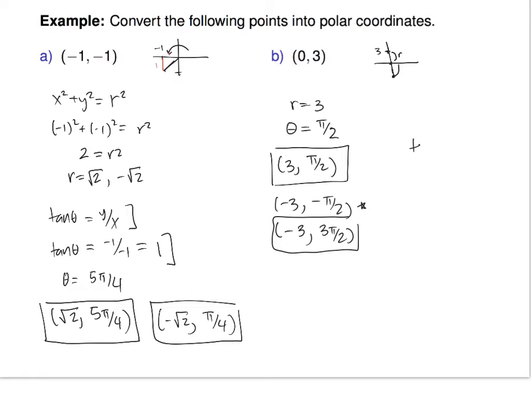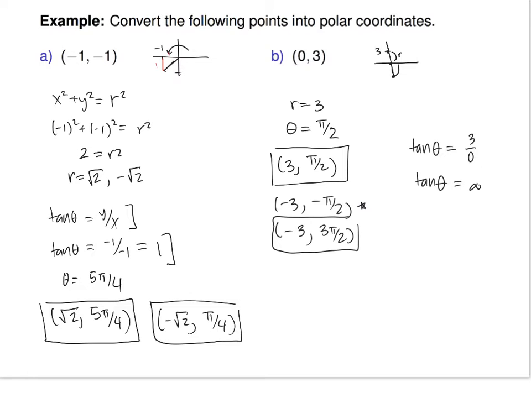So if you have tangent of theta equals 3 over 0, that's tangent of theta equals infinity, and you can't really inverse tan infinity, so I think it's really smart to investigate these by graphing. For most of these points that I will give you, you could figure this out just by looking at where your point lands. You don't actually have to do any of this formula conversion stuff. Do you see what I'm saying?